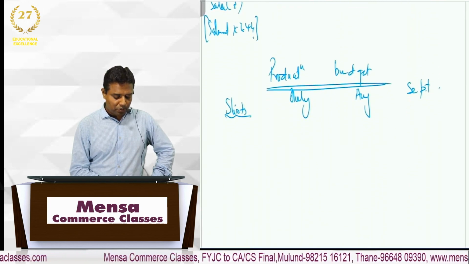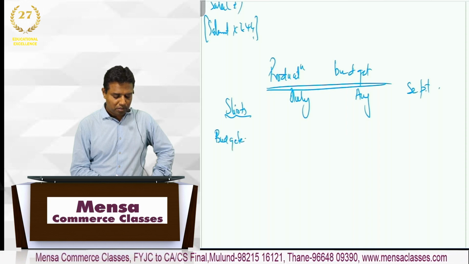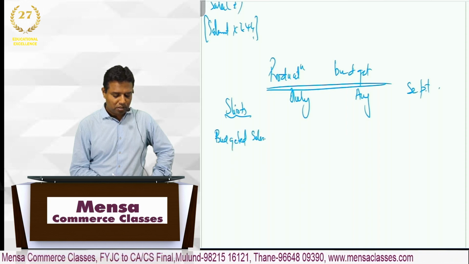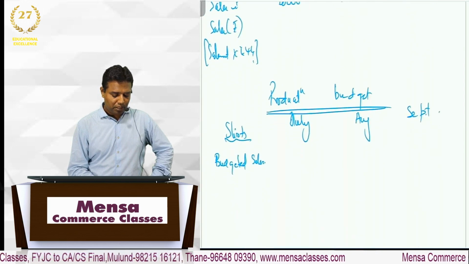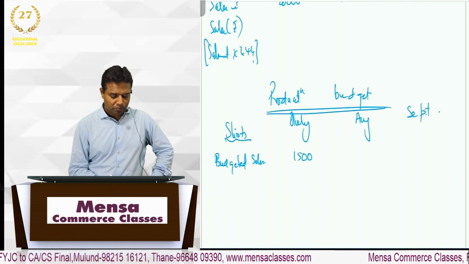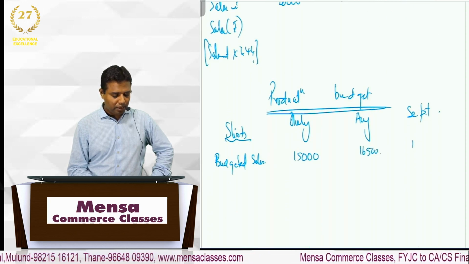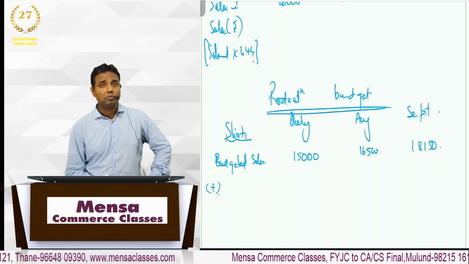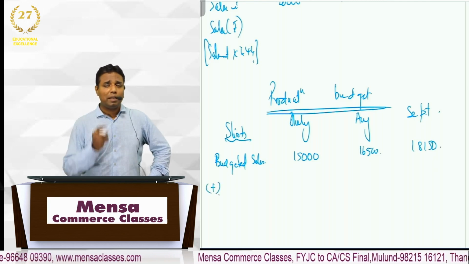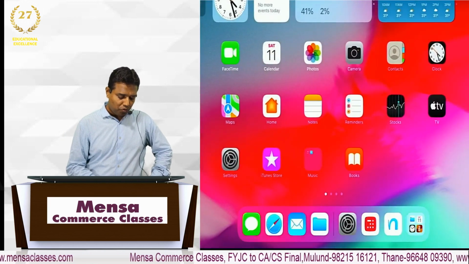That is, we'll start with the sale units, that is budgeted sales. Budgeted sales is 15,000, 16,500 and 18,150, right? Then add. So this much is required, and then what they are saying, you will require a stock of 40%.